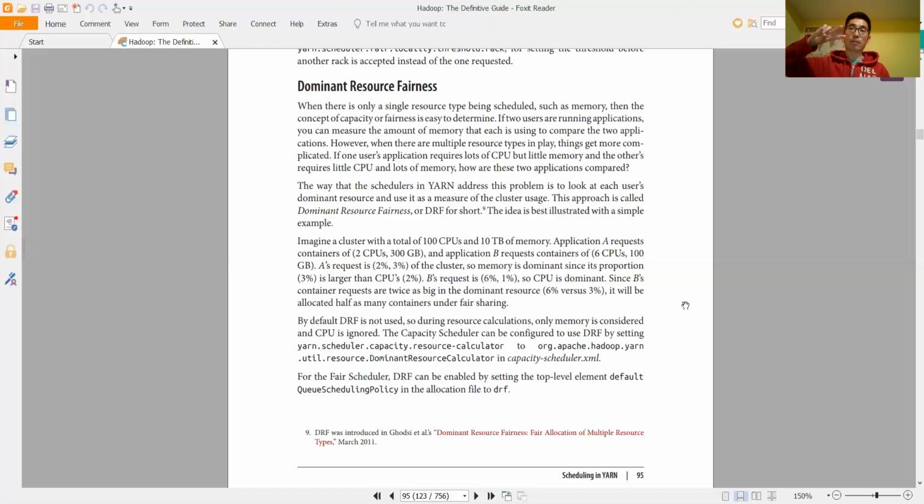So the dominant amount for the first one is 5%. The dominant amount for the second is 3%. So I assign resources to these two applications using this ratio, 5 to 3, and give maybe this one 5 containers and the other one 3 containers. That's how to be fair. That's dominant resource fairness.